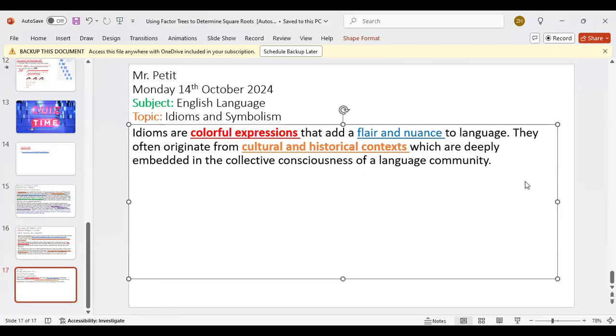So for example, a question: an example of something like that would be wrinkle before eyebrow. Yes, that would definitely be an idiom.